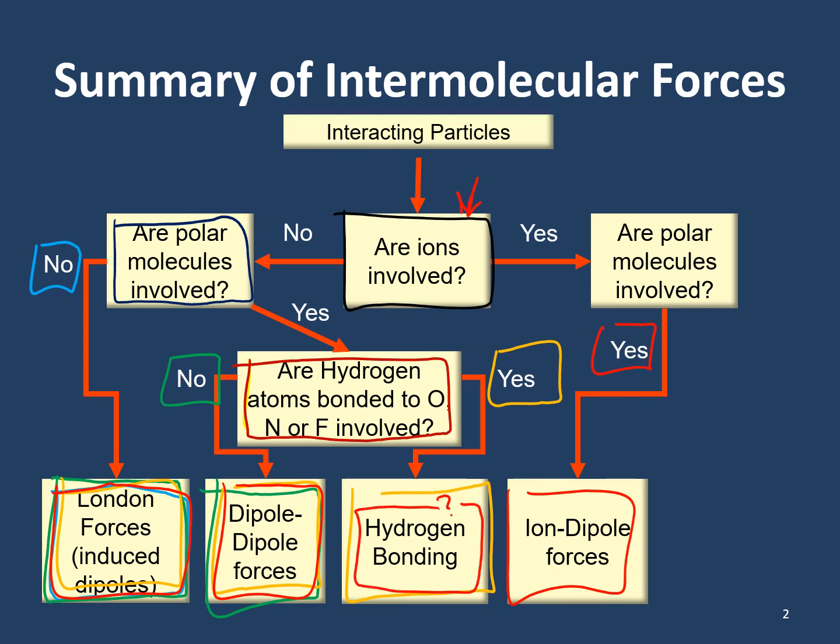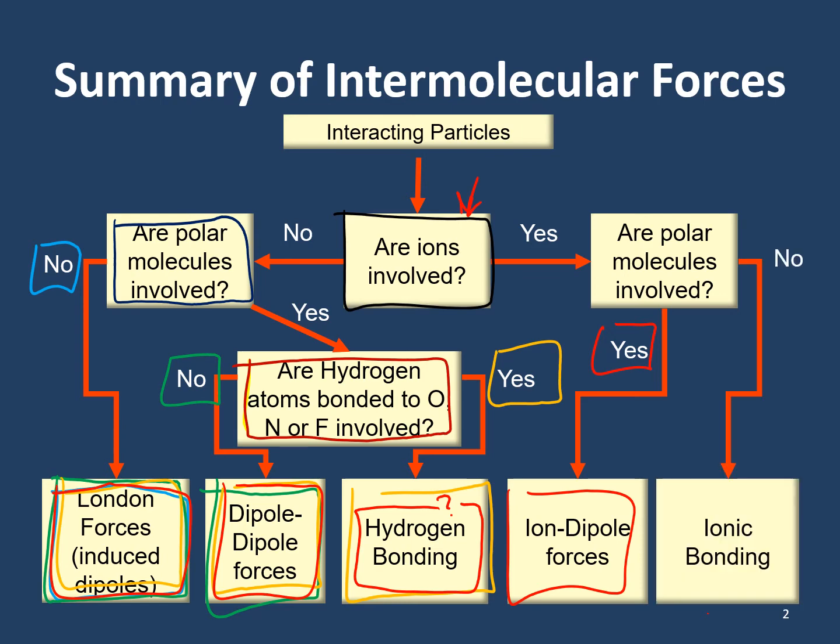It might be, it might not. It depends on whether you have hydrogens attached to oxygen, nitrogen, or fluorine. If the answer is no, then you don't really have ion-dipole. You just have ionic bonding occurring, and we're really not looking at intermolecular forces in general. So this one's not really a relevant answer.